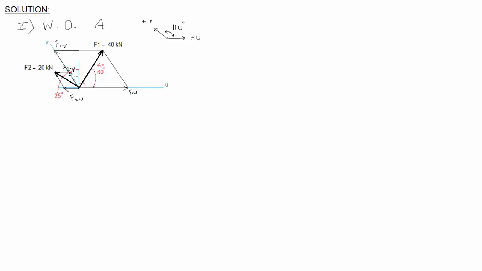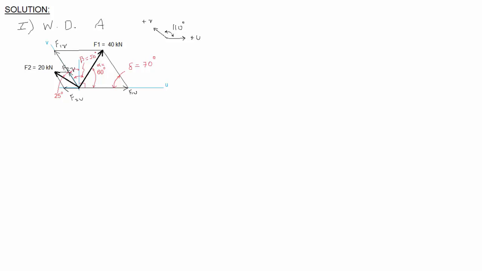So that means that this angle here, beta, is going to be 50 degrees. If we use our triangle rule, we know that there's going to be 180 degrees within a triangle. So that means that this angle over here, which I'll call delta, is 70 degrees.